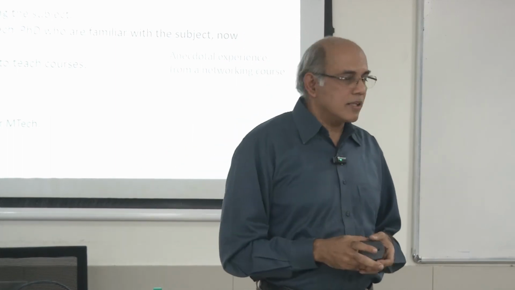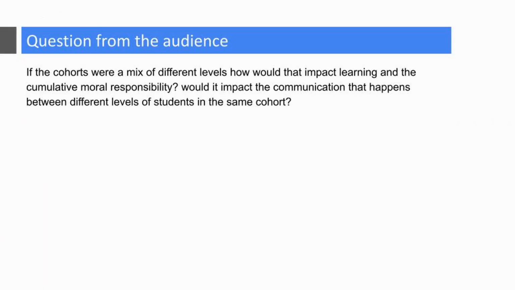So we can discuss this topic. I was just wondering about the moral responsibility, which to me is very important in any sensitization part of a course. You have 3 cohorts here, and they are clubbed together in terms of their hierarchy of being UG, PG, PhD or postdoc, right?